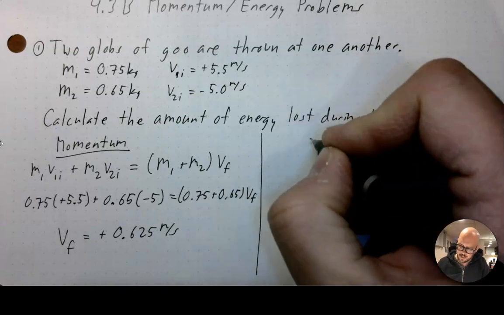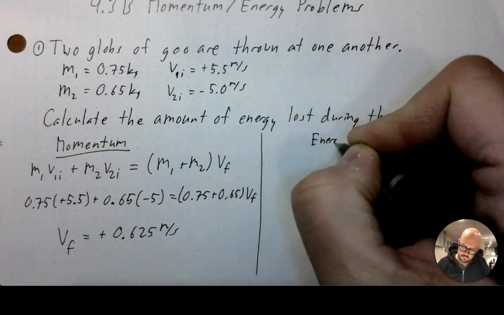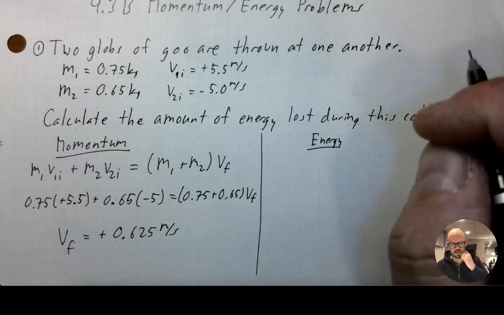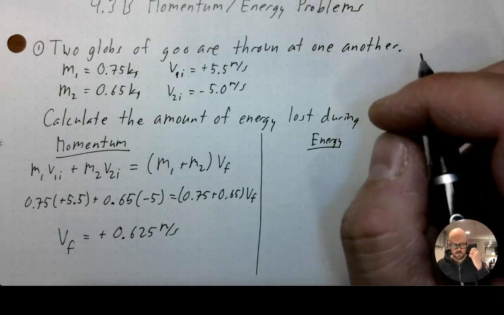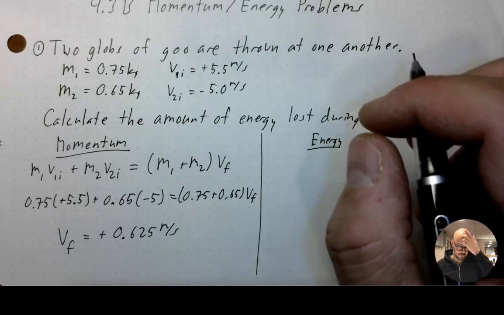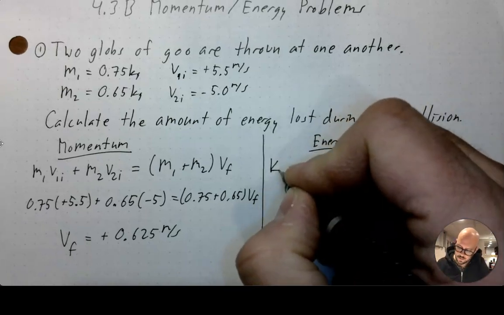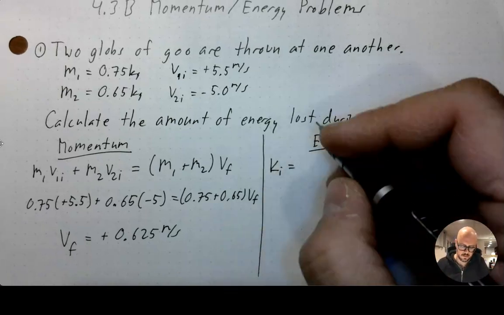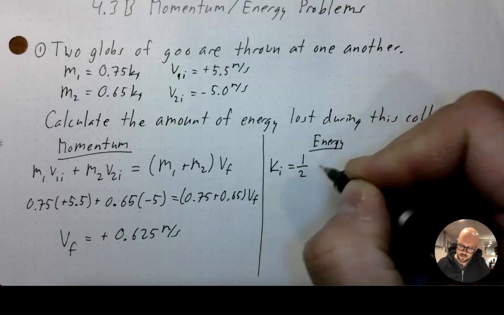Anyway, now we turn to energy, and I'm going to do this separately just so I can fit it in the paper. So I'm going to do initial kinetic energy calculations. I'm just going to skip writing the equation for now.